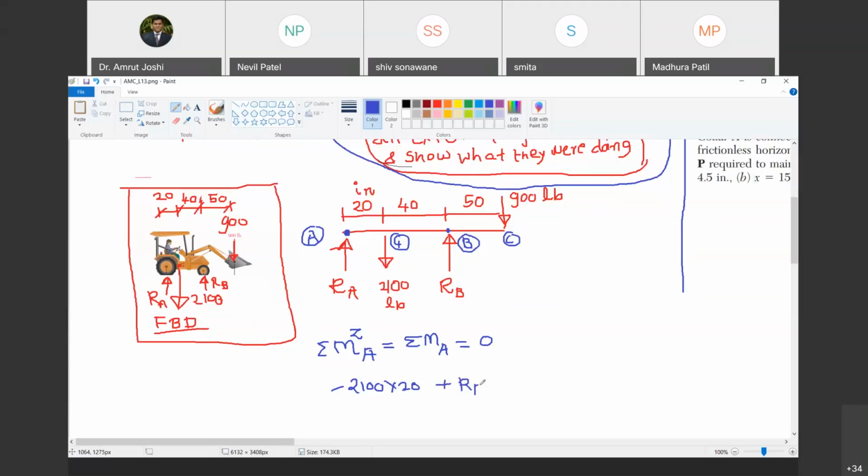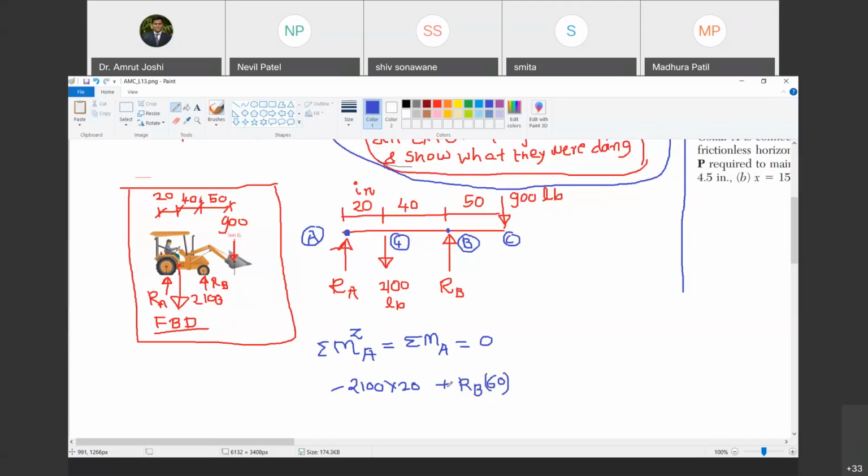Plus RB into 60. Why plus? Because we have assumed RB to be upwards, and therefore it is going to cause anti-clockwise moment about A. If after the analysis RB turns out to be negative, its sign will be automatically taken care of, because when I say RB equal to minus value, then it automatically becomes minus and the moment becomes clockwise.